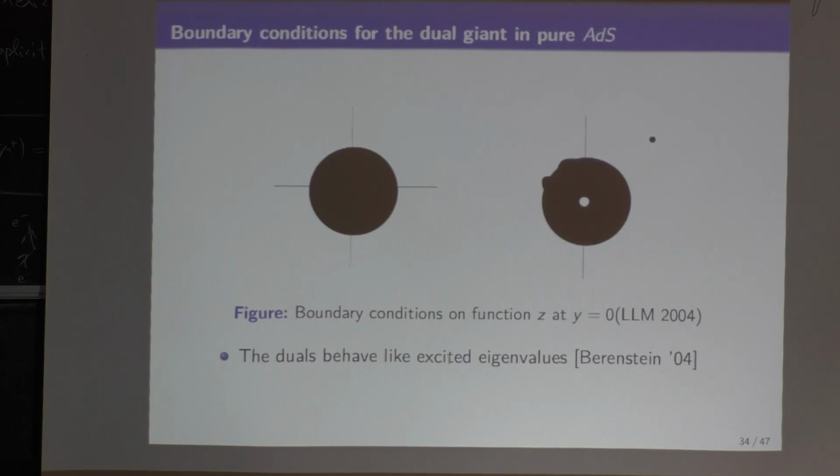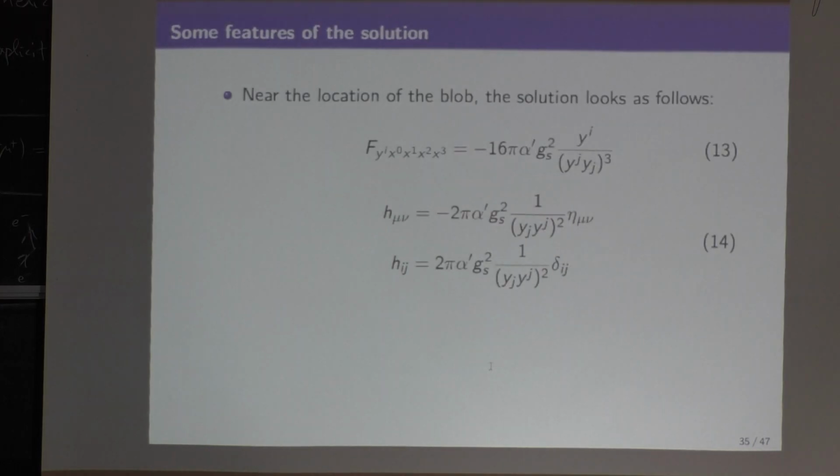Okay. Now, from the boundary theory point of view, this dual giant graviton corresponds to some excitations of the eigenvalues of the matrix X that I was talking about.